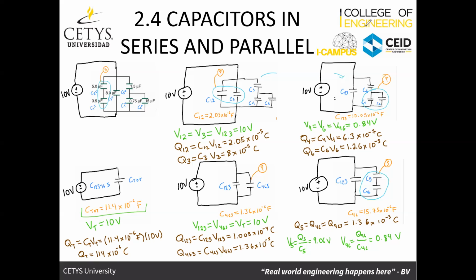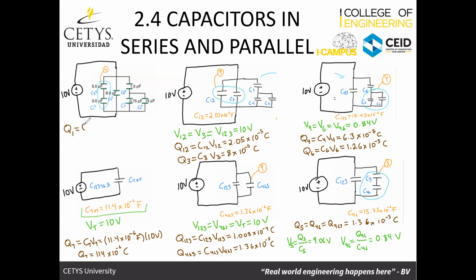We're just one more step from being done. Capacitor 1, 2 is coming out of the combination of capacitor 1 and 2. And how is that combination? Series. So that's the last one we need. In series, what stays the same? And what changes? Correct.